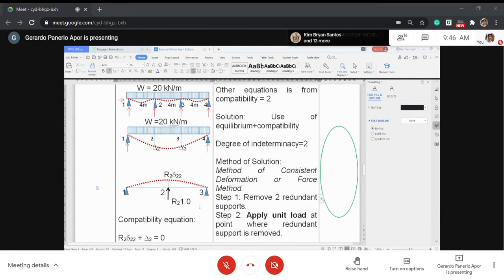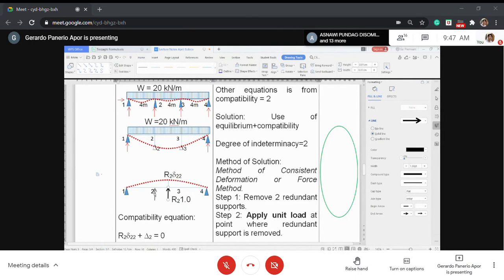Okay. So this is what happened. Okay, so I will rewrite this because these are still based on the previous problem. I will make the font smaller. So this will be 1, and then this is point 2 somewhere here, point 3 somewhere here, and this is my point 4. Okay, that's my point 4. Okay, so I will apply a unit load at 1.